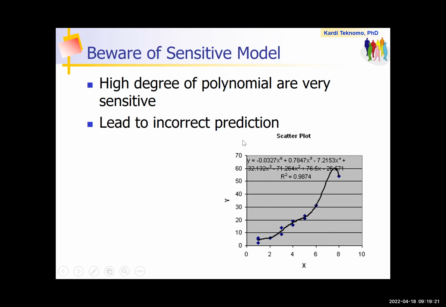Why is this overfit? The reason is that polynomials tend to overfit. You see, with a high degree polynomial, it will pass through all the points. So it is very good to interpolate the model, but it's very bad for extrapolation.